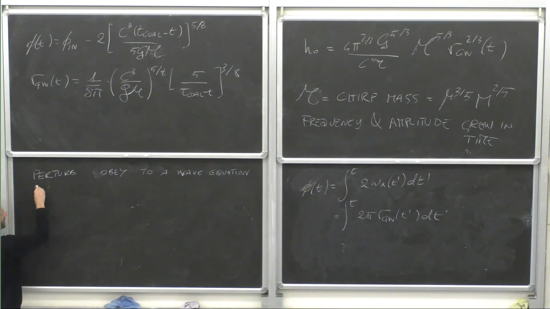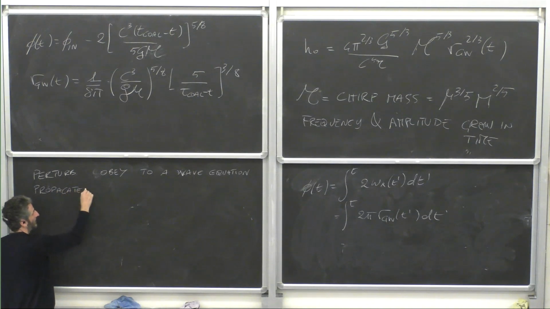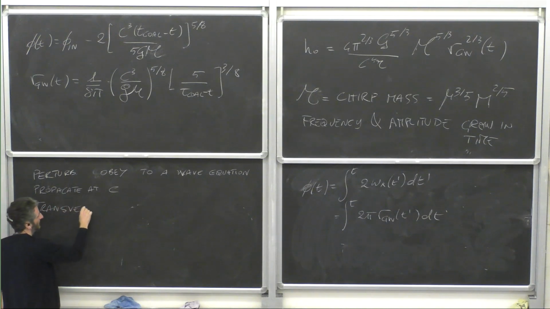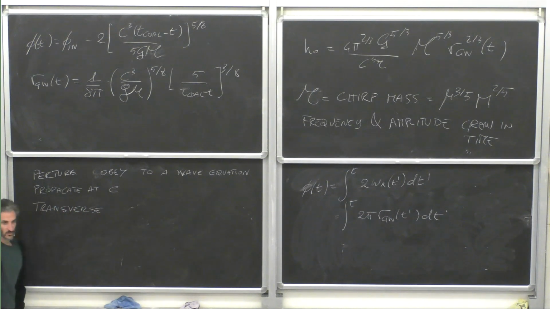They propagate at the speed of light, and they are transverse. So the polarization tensor is orthogonal to the direction of propagation.